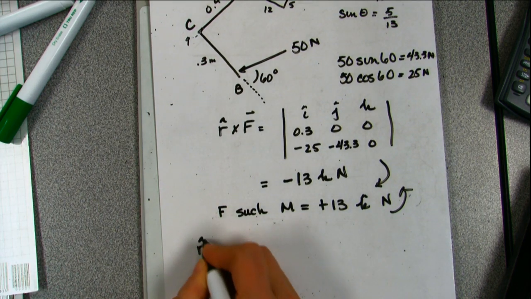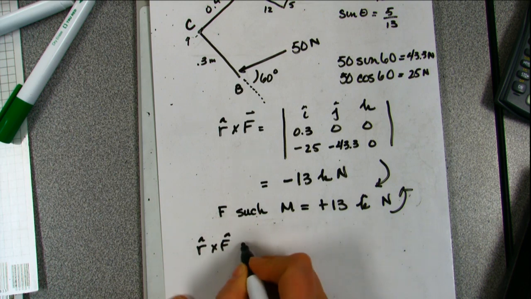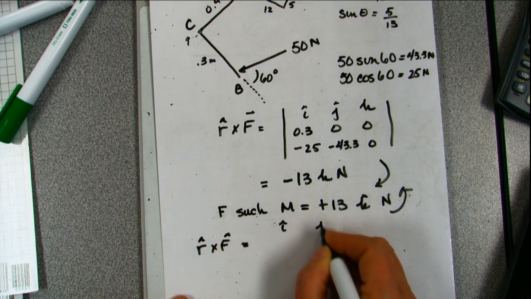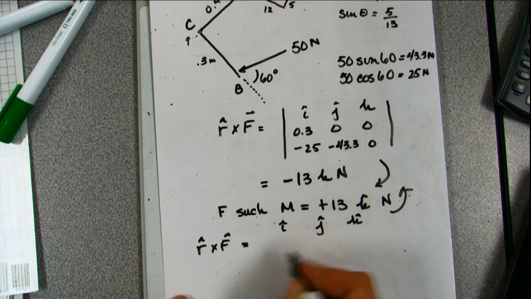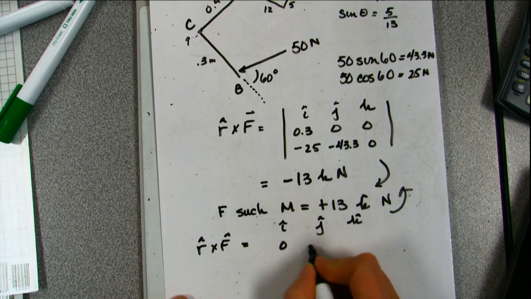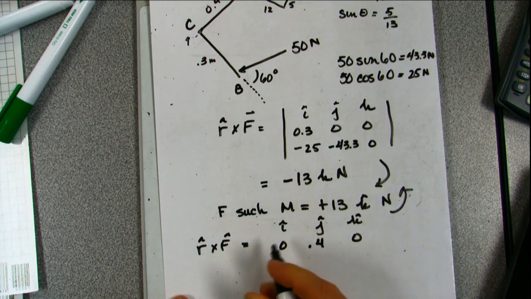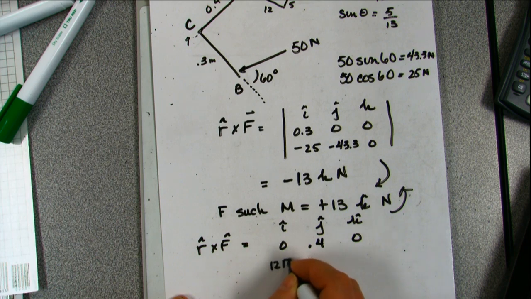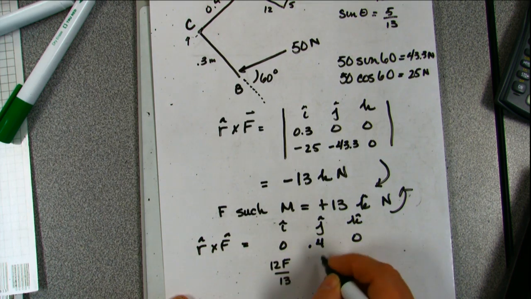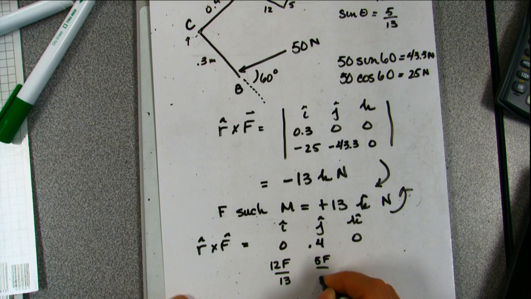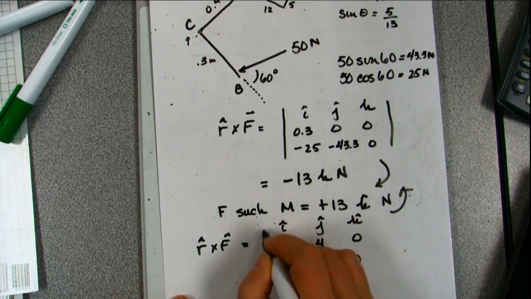So we do the R cross F. This is i, j, k, 0.4, 0, 0, 12F/13, 5F/13, 0.